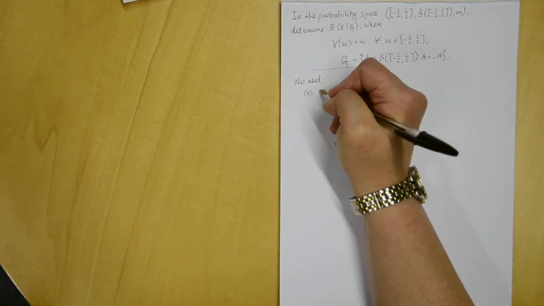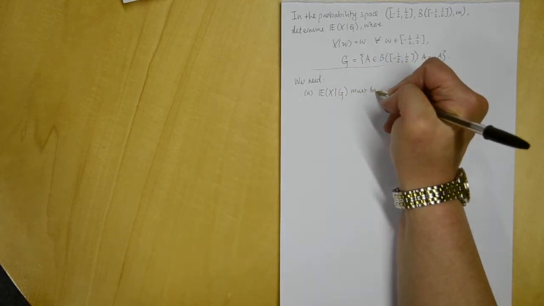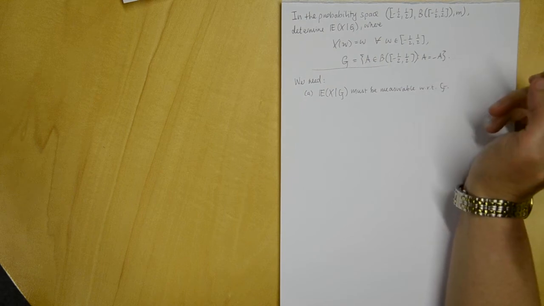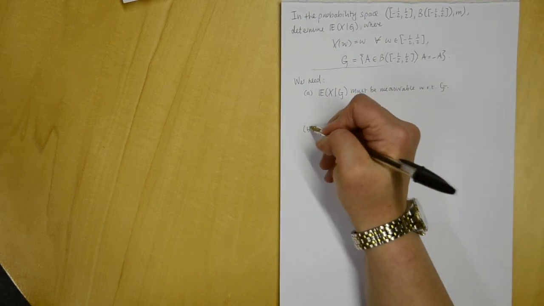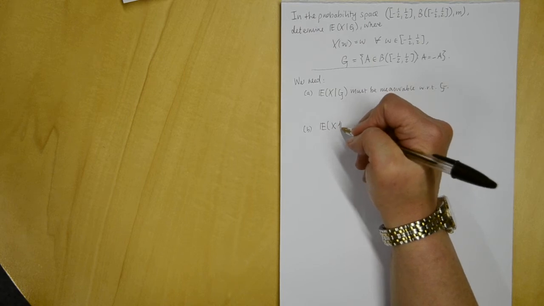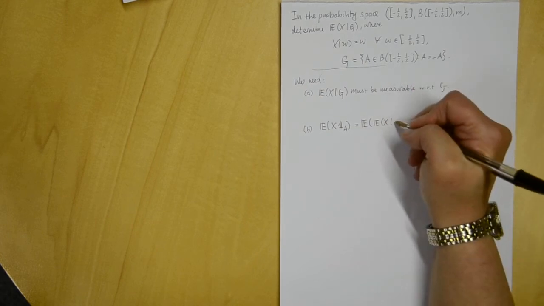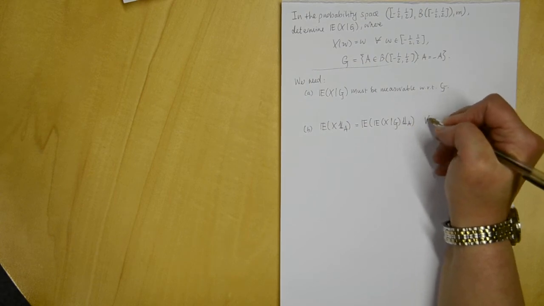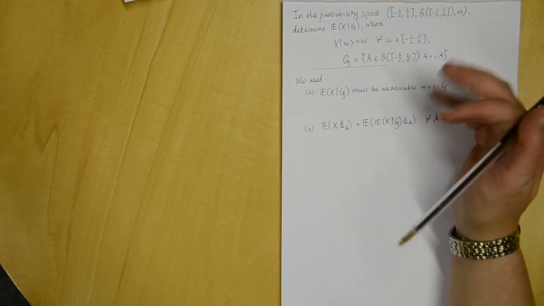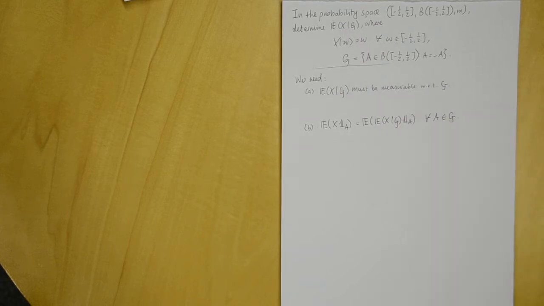The first property is that the expected value of X conditional on G must be measurable with respect to G. The second property, we need to check that the expected value of X times the indicator of any set A must be equal to the expected value of the conditional expected value of X given G times the indicator function of A for all A in G. And once we've found a candidate that satisfies both of these properties, then we know that must be the conditional expectation, because these two properties define conditional expectation uniquely.